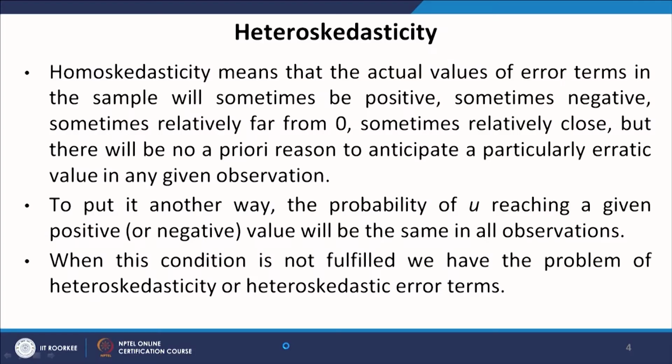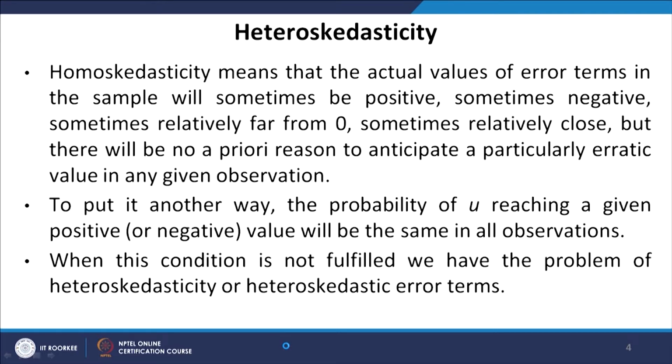To put it another way, the probability of u, the population error, reaching a given positive or negative value will be the same in all observations. When this condition is not fulfilled, we have the problem of heteroscedasticity, or heteroscedastic error terms.